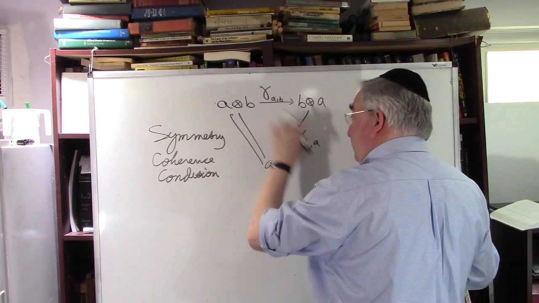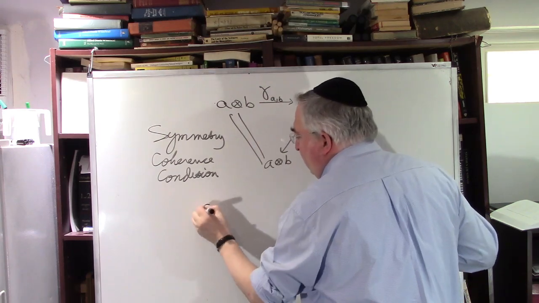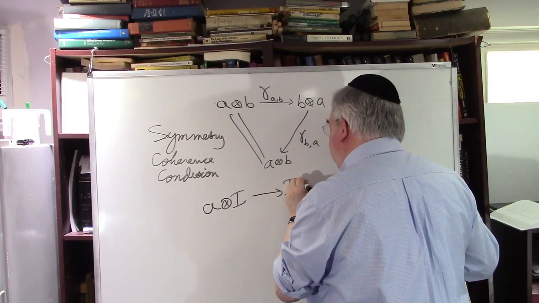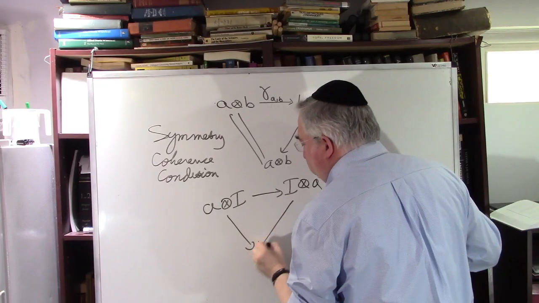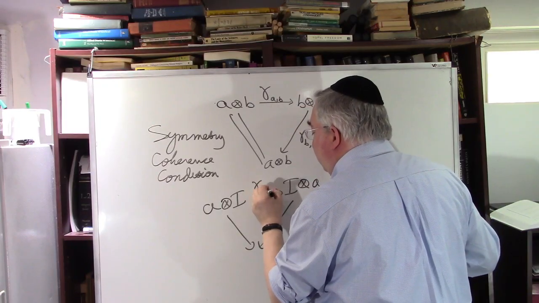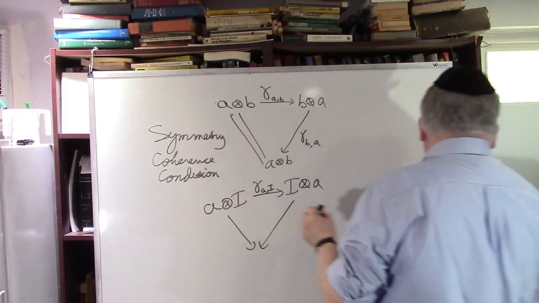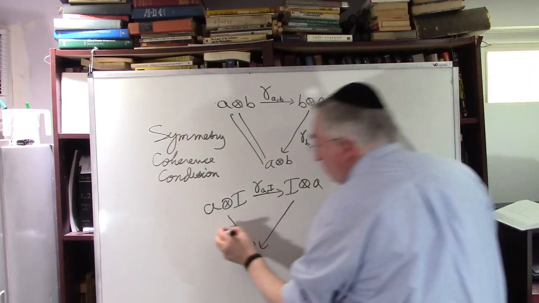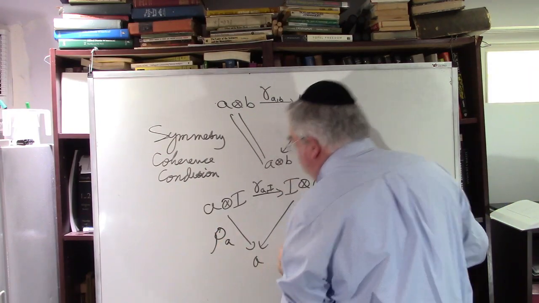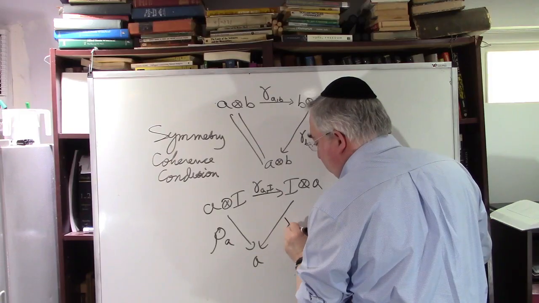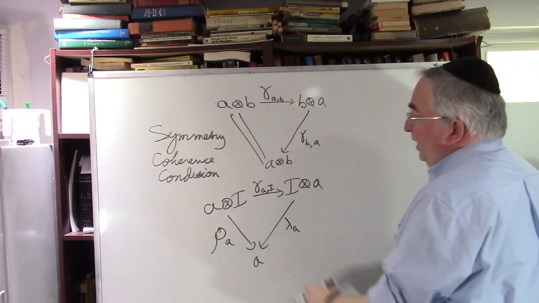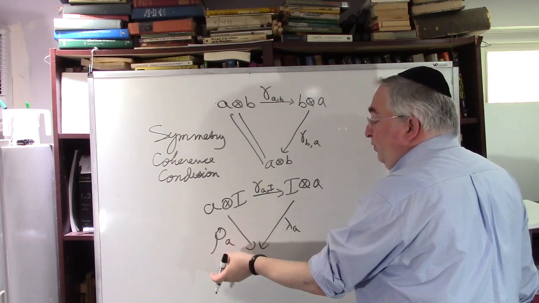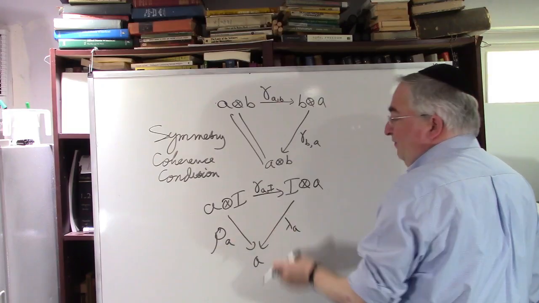What this says is gamma gets along with itself in some sense, and then we have A tensor I to A. This is gamma of A comma I, and this is rho of A. This says this braiding should get along very well with the right unitor and the left unitor.